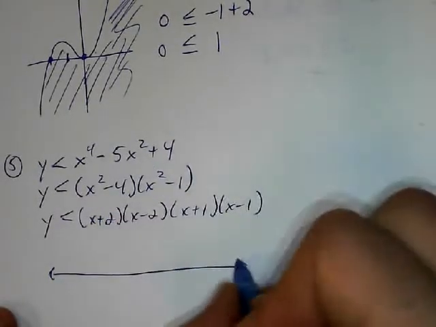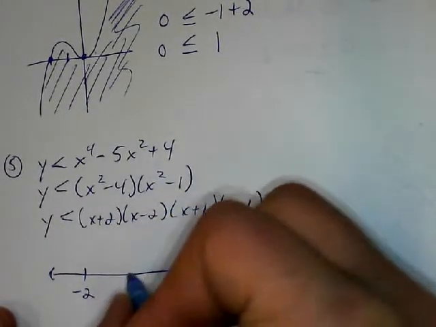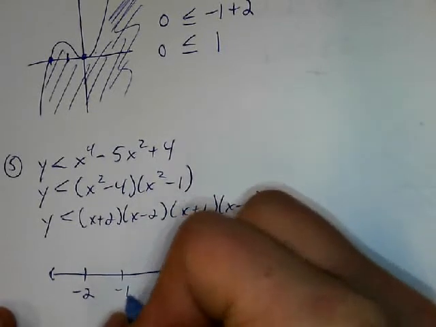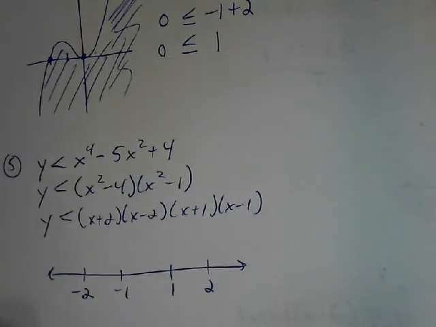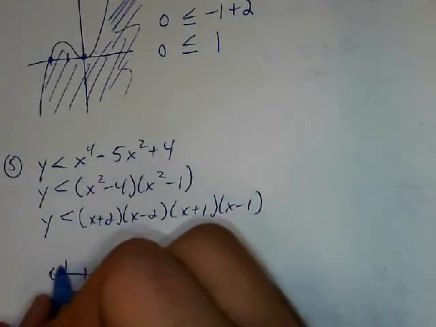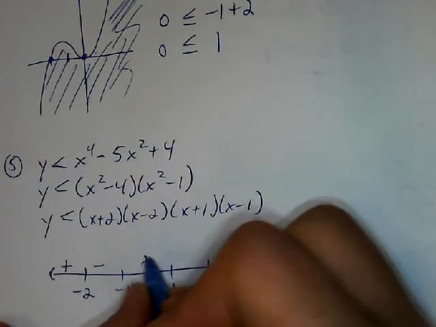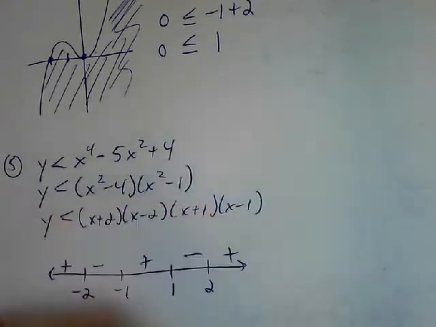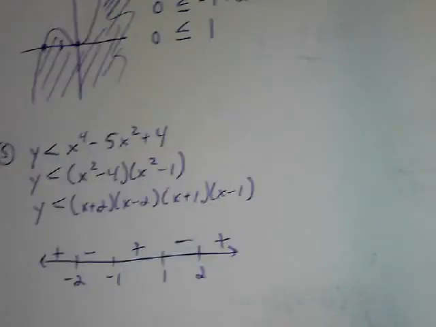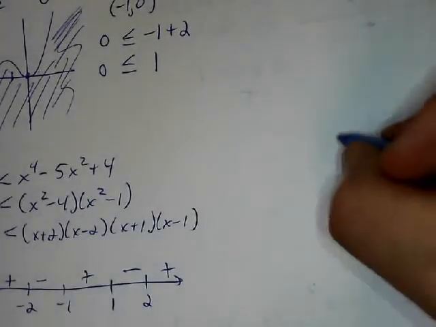If you do the sign analysis, they're all linear roots, so it's going to be a sign change on every single one of them. It's going to start off positive because it's a W: plus, minus, plus, minus, plus. So when we graph this, I'll graph it over here.